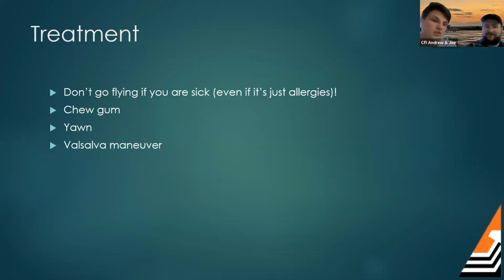Another thing is you can chew gum. You can also yawn. When you chew gum or yawn, it releases some pressure. It moves the muscles around there to allow air to effectively move in and out of your head. And last is the Valsalva maneuver: holding your nose and trying to blow.